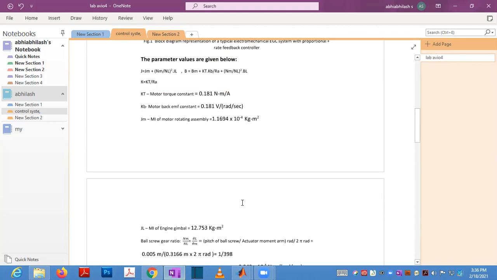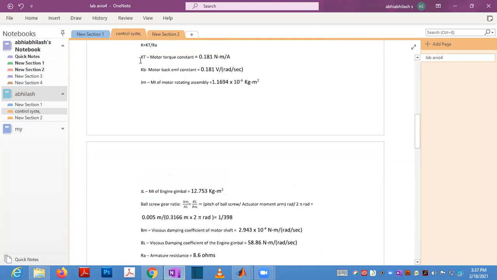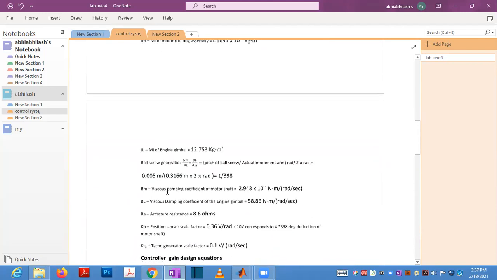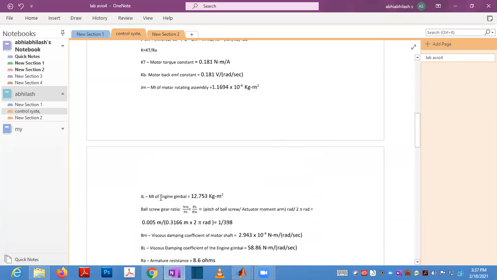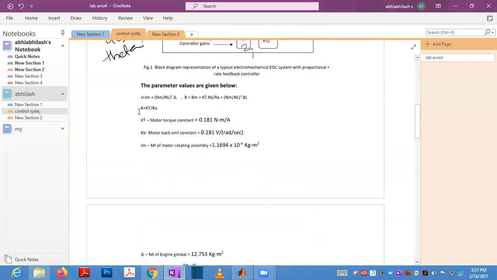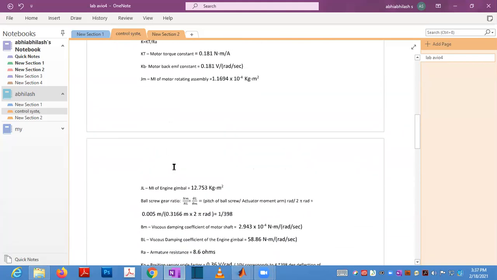So open MATLAB and open a script file and you enter these values, KT, KB, JM, JL, all the things. After that you enter J, KT, B, these values. First you define these values in a .m file.